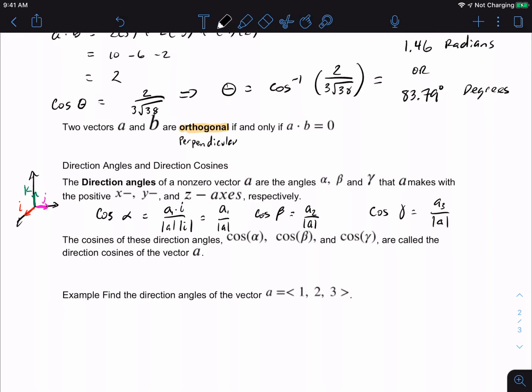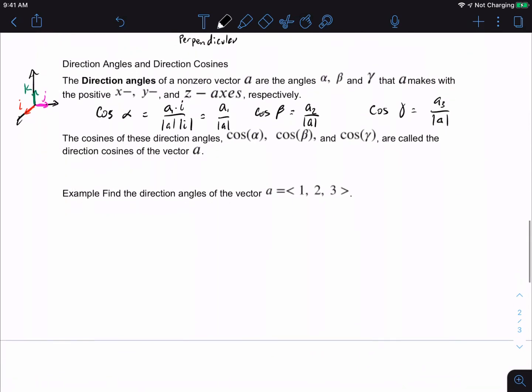Okay, so that's important for you guys to know. It's each of the axes, the angles it creates. Since we're in 3-dimensional space now, we have vectors that have angle references to the x-axis, the y-axis, and the z-axis. And this is how we find those with these directional angles.